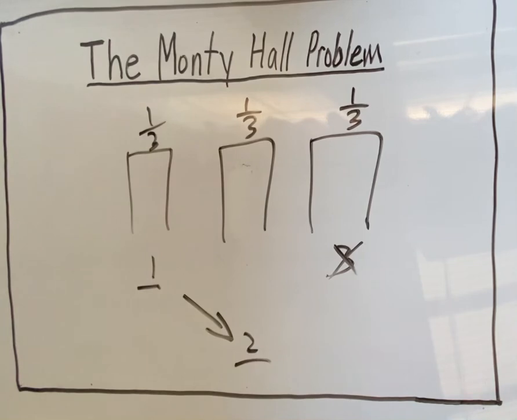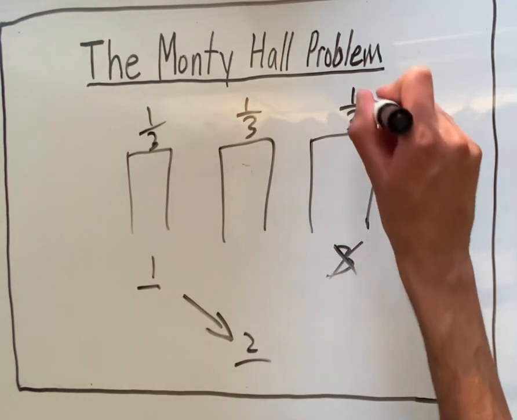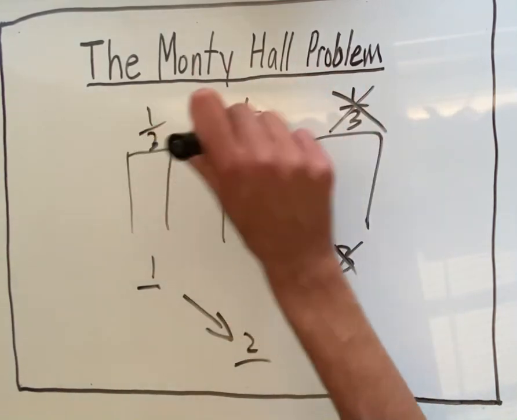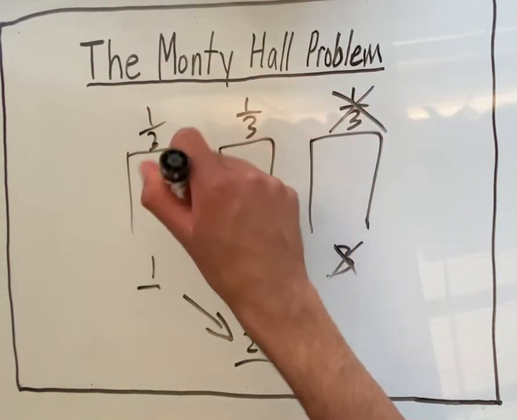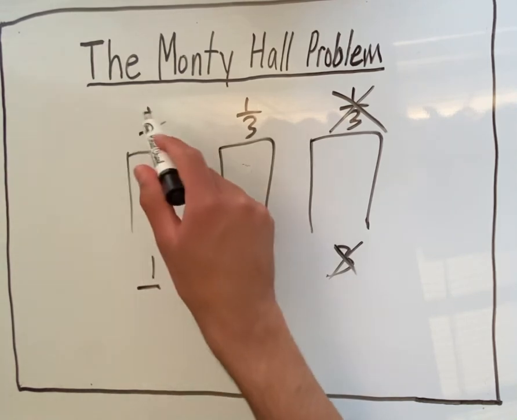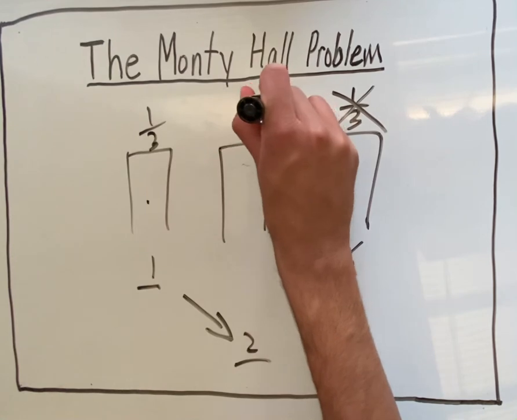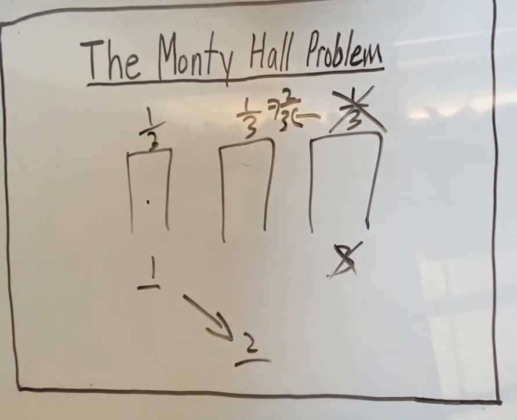Then, after knowing that one of the doors leads to an empty room, that 1/3 has to somehow be transferred to these because you know that the money is behind one of these doors. And as it turns out, the door you selected remains 1/3, and the other door becomes 2/3.